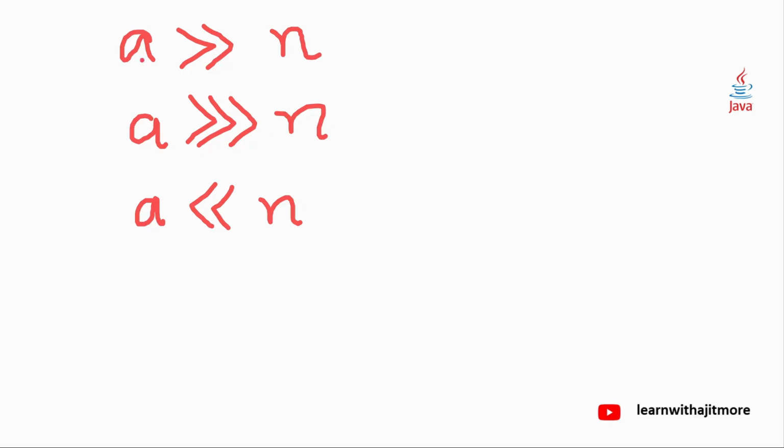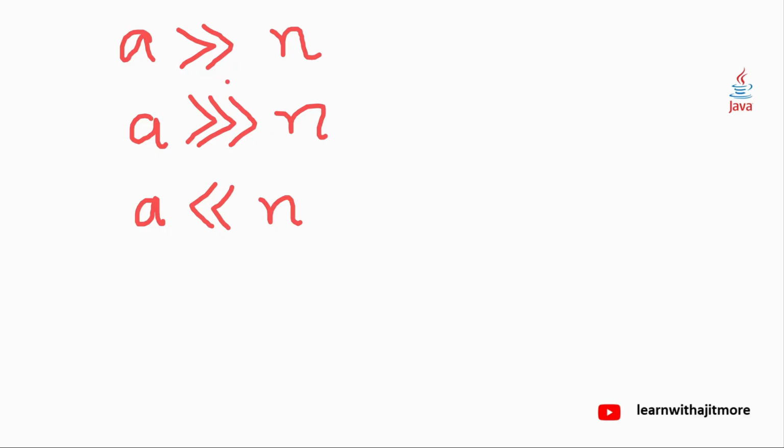So it takes the bit representation of A and shifts the bits to the right side n times or the left side n times. n is called the shift distance. And A will be promoted either to int or long, and the bits are shifted right or left n times.